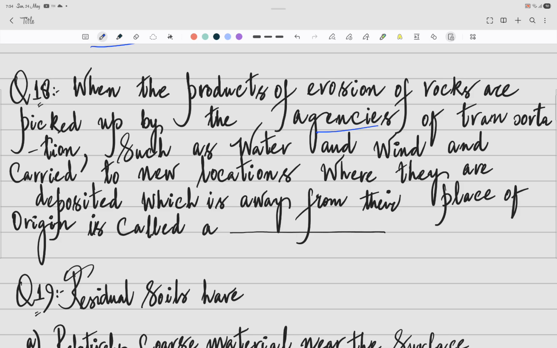So when the products of erosion of rocks are picked up by these agencies to new locations, and get deposited away from their place of origin, away from their parent rock, those soils are known as transported soils.